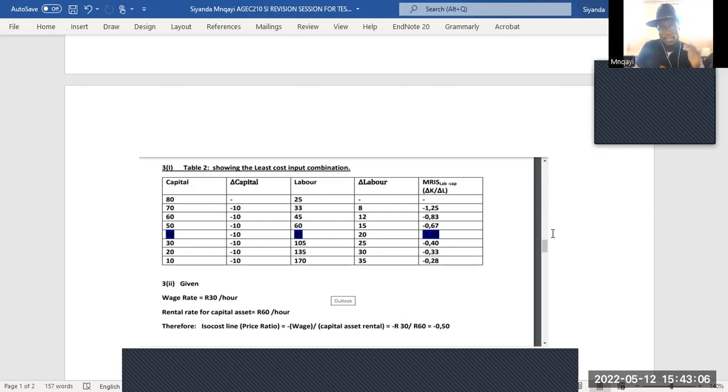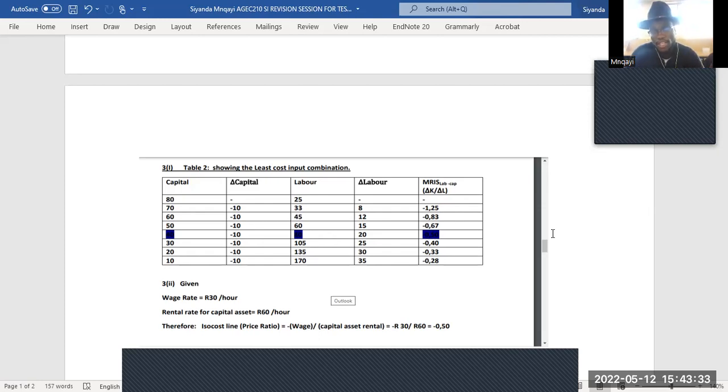So you see capital. This is a standard table, remember: 80, 70, 60, 50, 40, 30, 20, 10. Then the change in capital: no change when capital was 80, then we have negative changes. Looking at labor, we also have nothing changing at first, then we have the change.